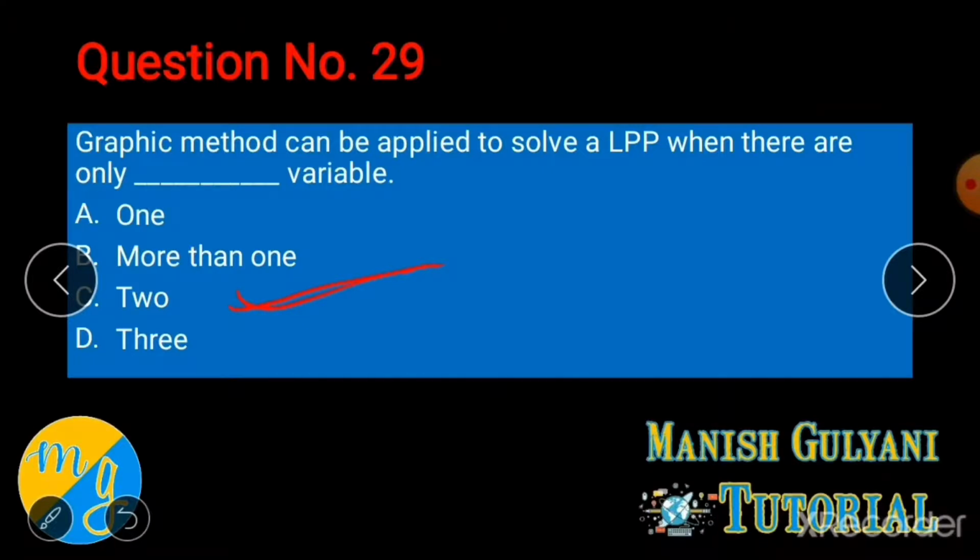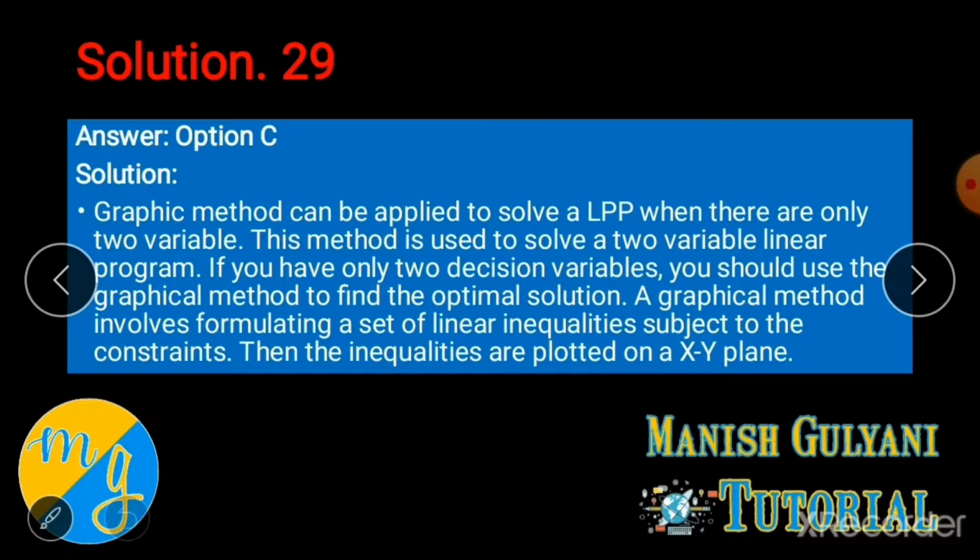Reason being, if your variables are more than two, then you have to choose simplex method. There are mainly two methods of LP. One is graphic method, second one is simplex method. So when the variables are two, then you can choose graphic or simplex. If the method name is not mentioned, that is totally up to you. But if the number of variables is more than two, then always choose simplex method.